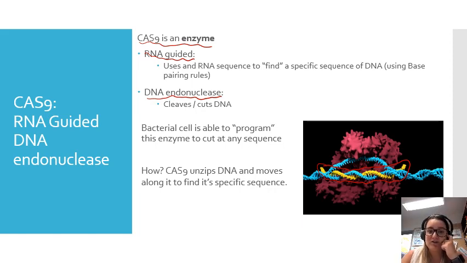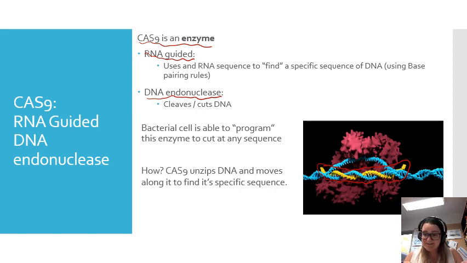The fact that it's an endonuclease means that it cleaves and cuts DNA. So what it's doing is it's searching using the complementary base pairs of the RNA molecule that's embedded within it to find a specific sequence of DNA to be able to cut that. So it's trying to find the bacteriophage DNA within its cell.